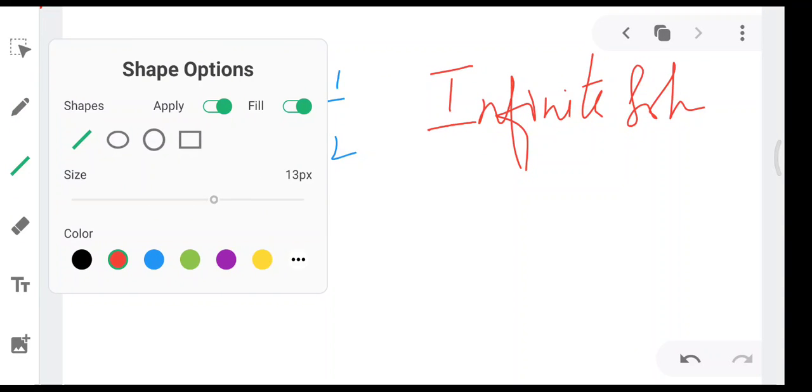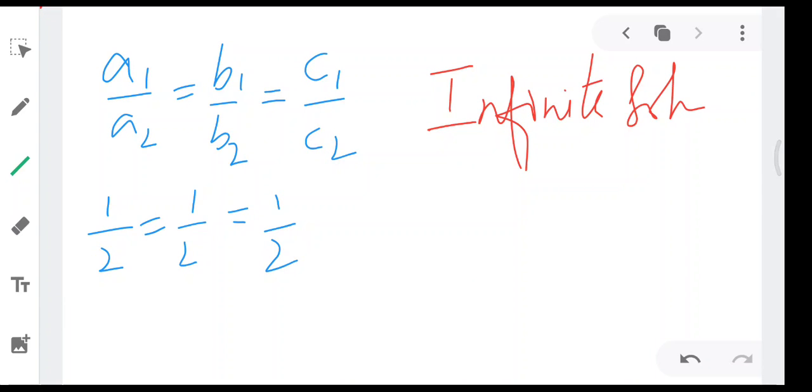Infinite solutions, and the lines are coincident. What do you mean by coincident lines? The lines will be the same lines, one above the other.